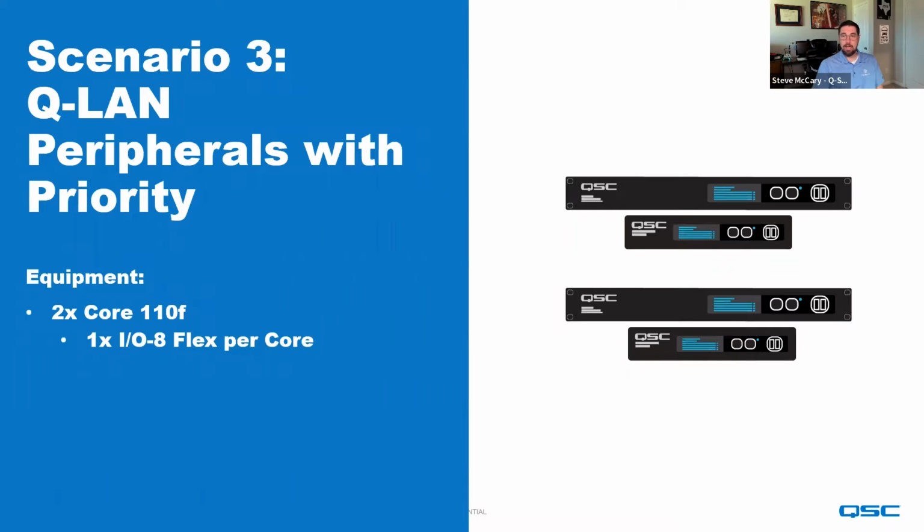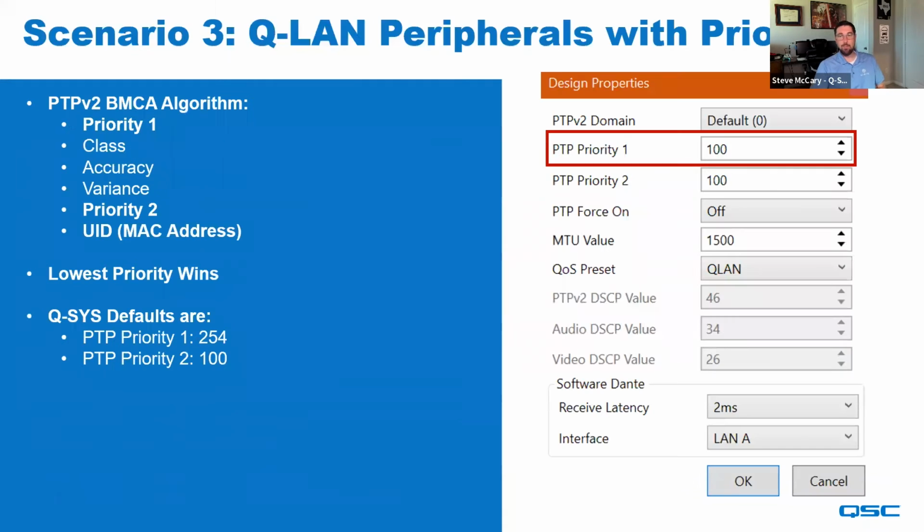Scenario 3, we have some Q-LAN peripherals with priority. So same equipment, only this time what we're going to do is inside design properties, there's a way where we can assign the PTP priority. And what this is going to do is change how this piece of equipment functions and is treated within the BMCA.